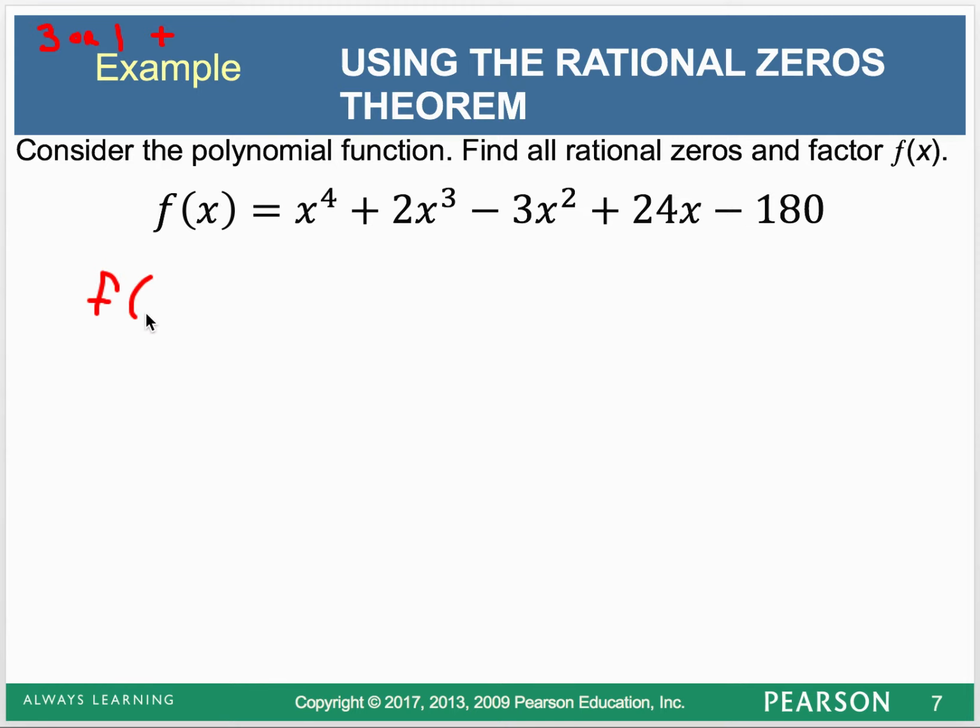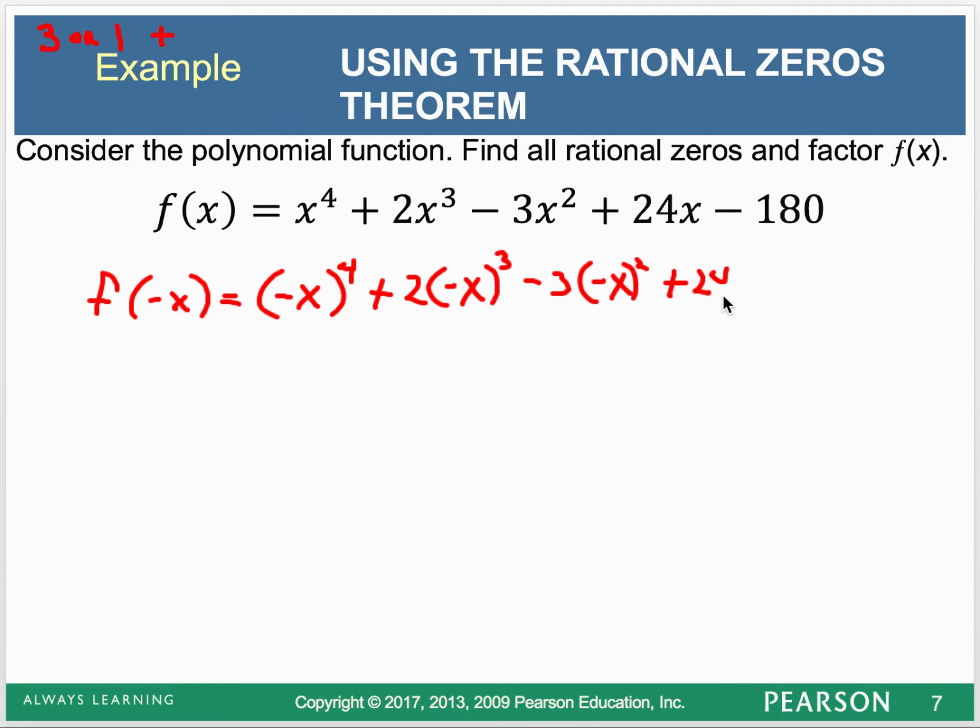So I would have to plug a negative x in everywhere, which would mean negative x to the fourth plus 2 times negative x cubed minus 3 times negative x squared plus 24 times negative x minus 180.